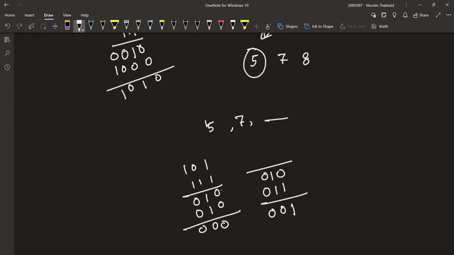Yeah, we're not going anywhere. So let's take the hypothesis we made earlier, that we're going to get every single XOR value between minimum and maximum. That does not seem to hold true in the case of 5, 7, 8, because can you get 6? We can't.